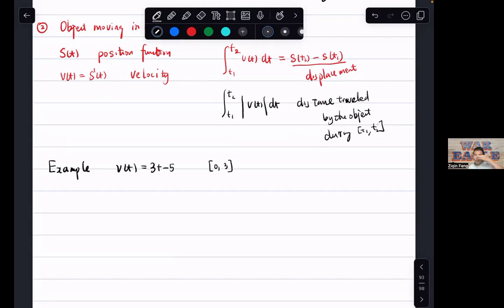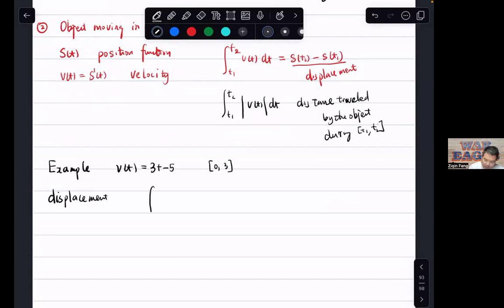We want to know the displacement of this particle on the interval 0 to 3, and also the distance traveled by the particle. Let's calculate the displacement first.